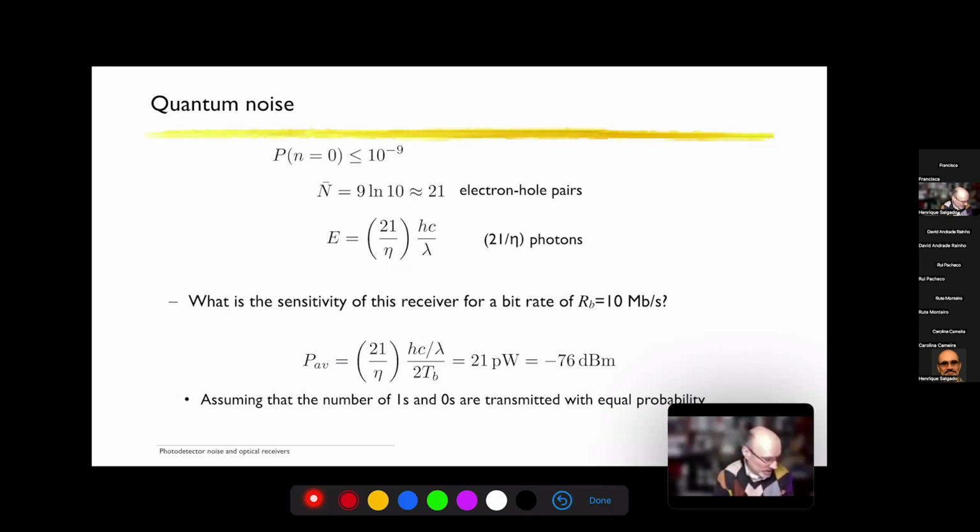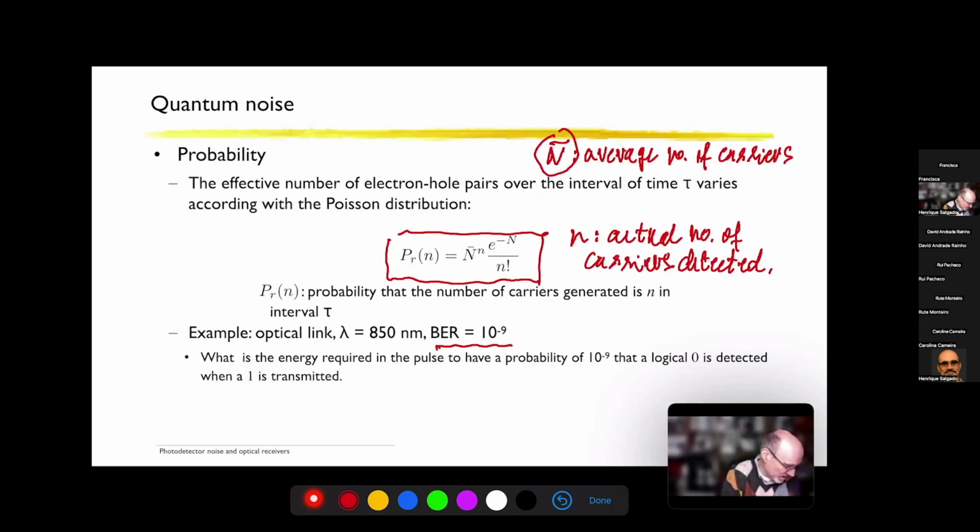And so the equation we need to solve is this one: the probability that the number of carriers detected is equal to 0, even when a 1 has been transmitted, should be equal to 10 to the minus 9.